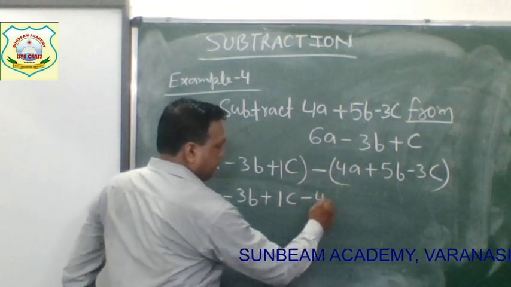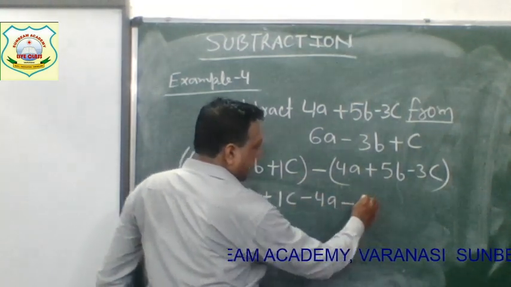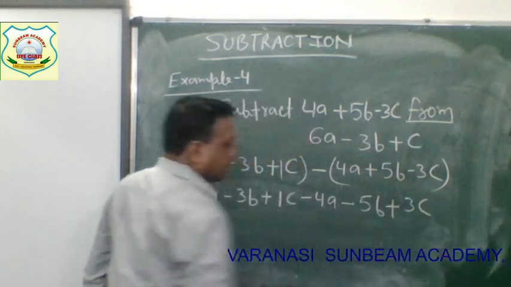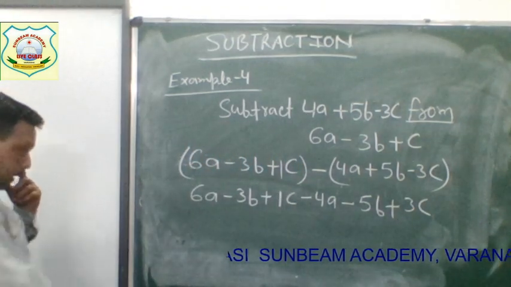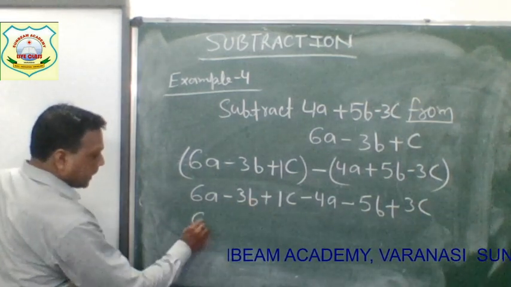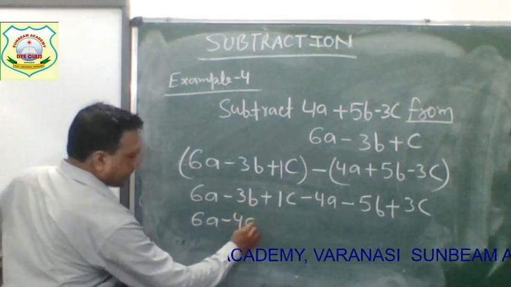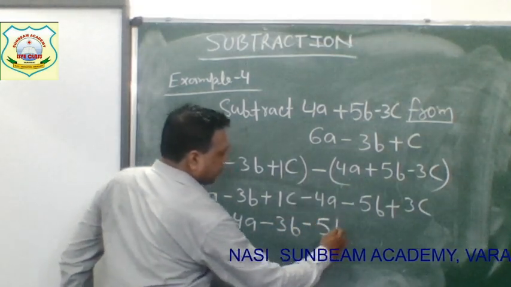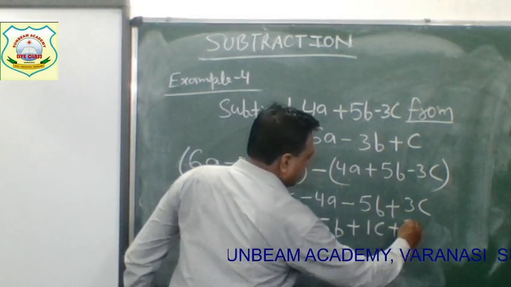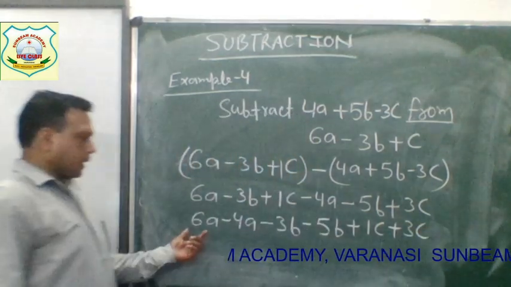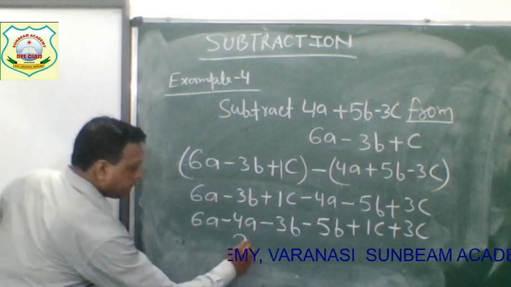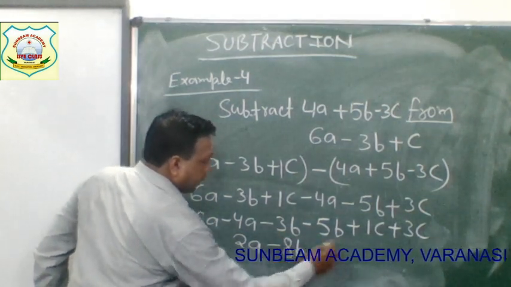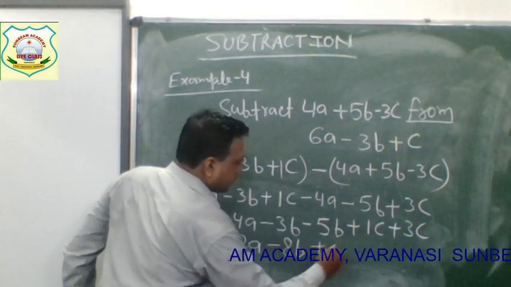Minus 4a, this is plus, and minus 5b, this is minus, then plus 3c. Now the sign has been changed. 6a, now like terms: 6a minus 4a, minus 3b minus 5b, plus 1c plus 3c. 6a minus 4a, that is 2a; minus 3b minus 5b, minus 8b; and plus 1c plus 3c, plus 4c.